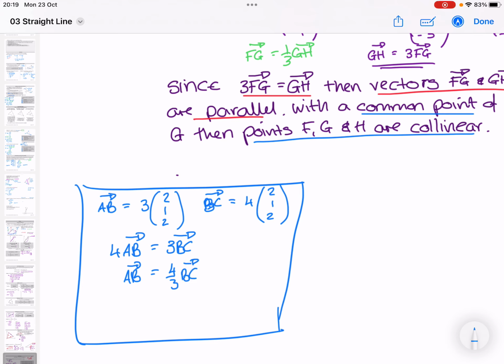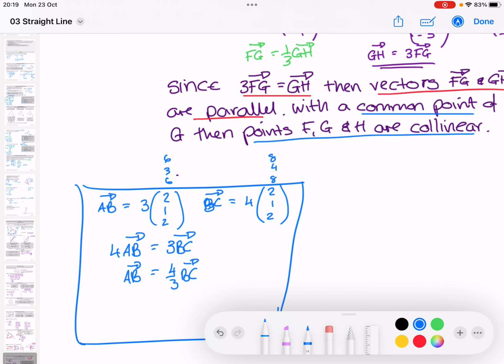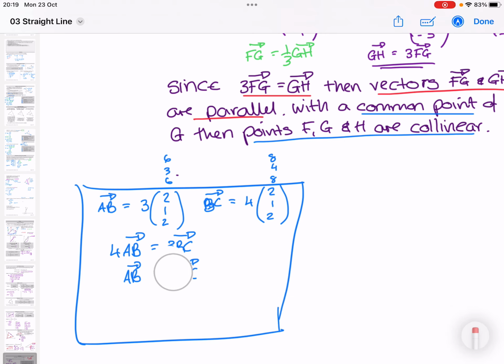Yeah, because that would be 6, 3, 6. And that would be 8, 4, 8. No, wrong way round. That is the wrong way round. So this is what I mean. I don't like doing it the other way, because I get them round the wrong way.